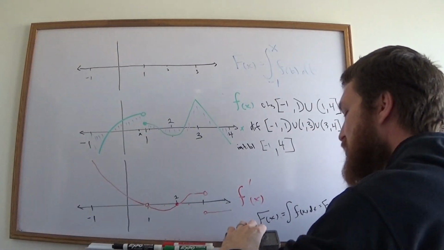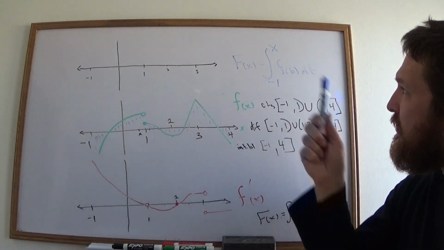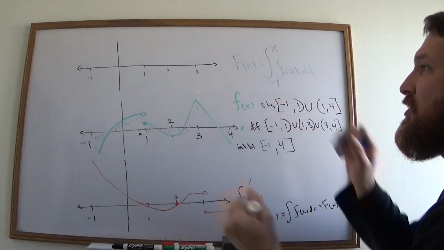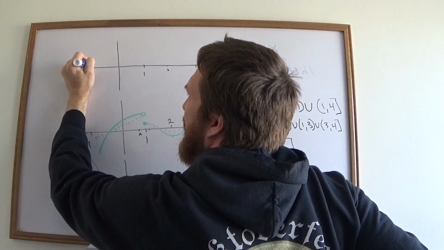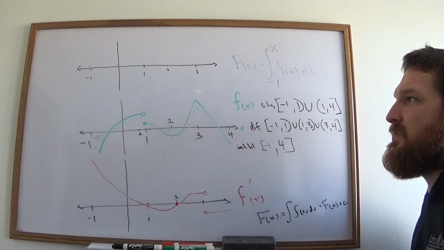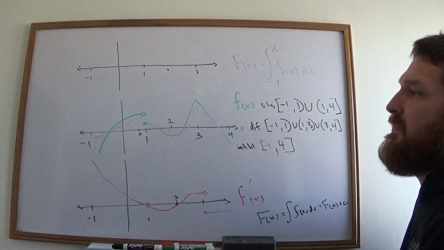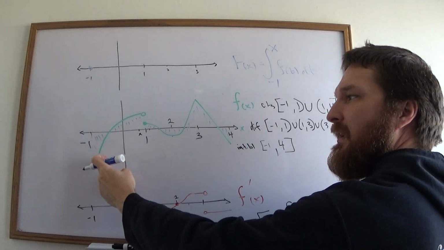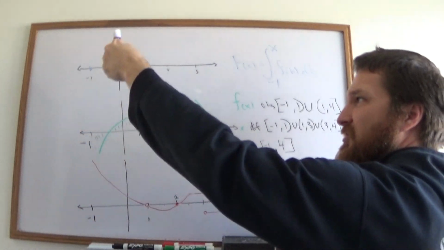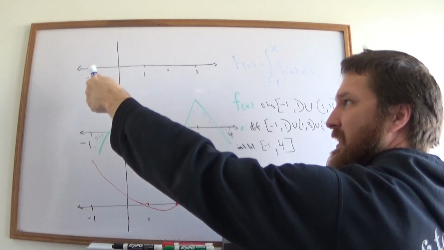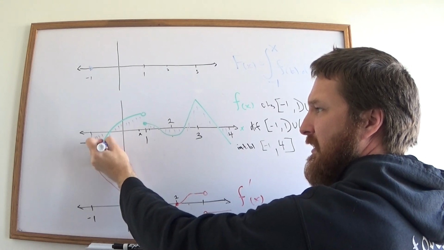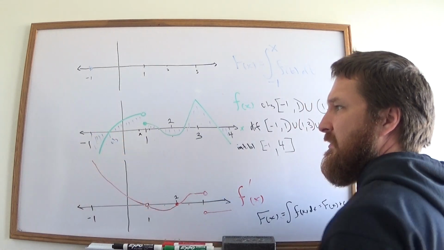Okay, good. So we know that capital F starts here. Then its slope is negative, and it's getting less negative, right? So it's starting off negative, it gets less negative, and then here at, let's call that negative 0.5.